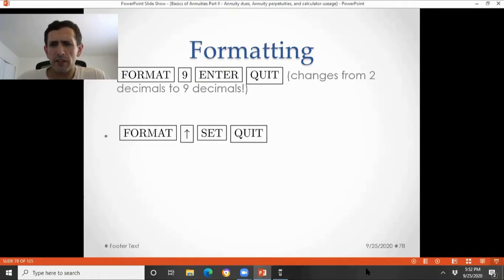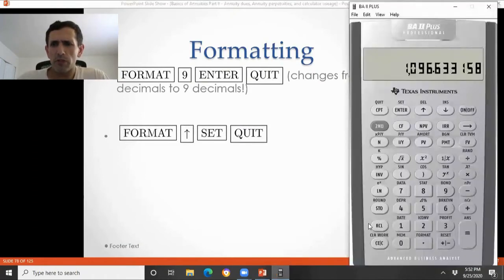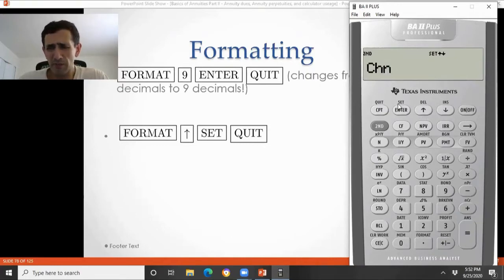And second, let's fix the 1 plus 2 times 3 thing. So get out of this. Let's go to format, go up 1, set, second set. So second goes to the keys that are printed above. Okay, so now this is set to the normal way of doing things.